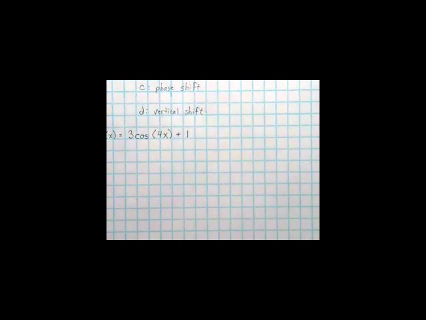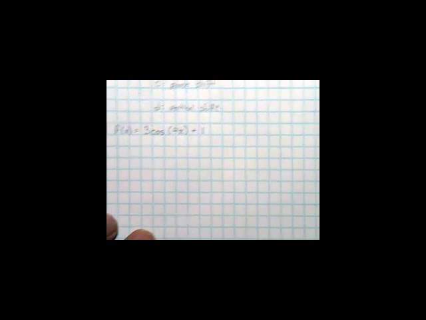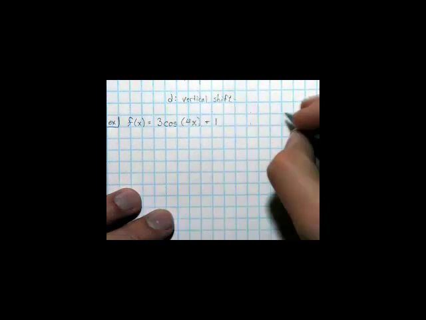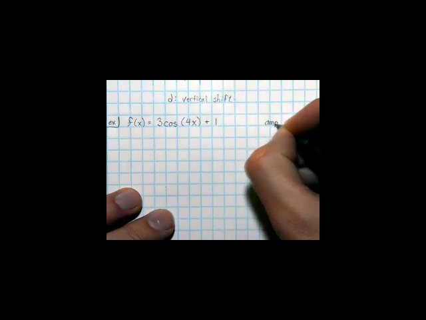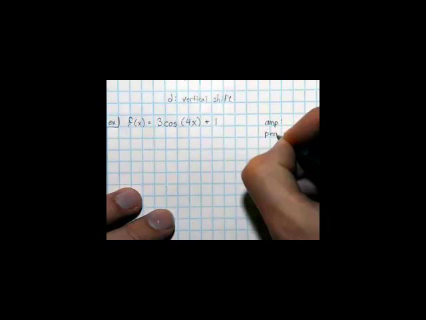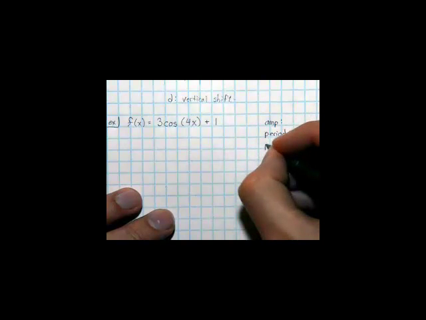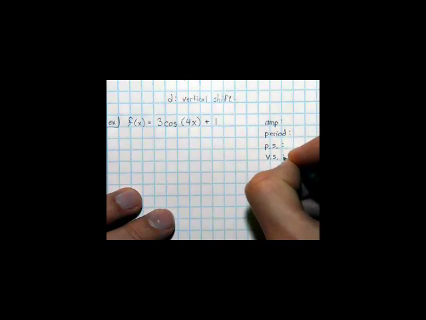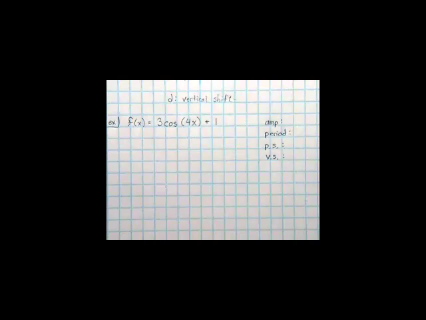Okay, so let's do this one. F of x equals 3 cosine 4x plus 1. Let's see if we can identify these 4 things then. Just looking at the equation, what is the amplitude? 3.